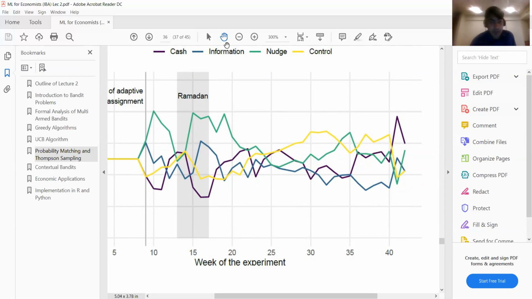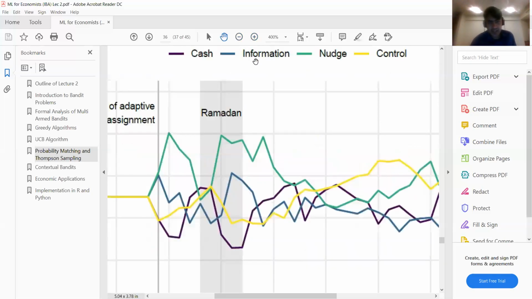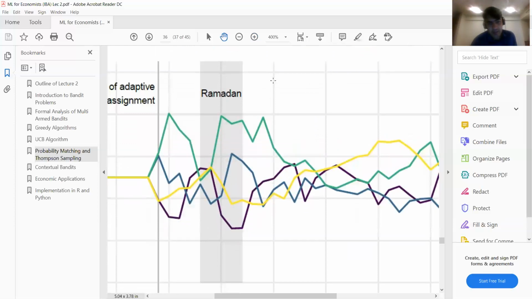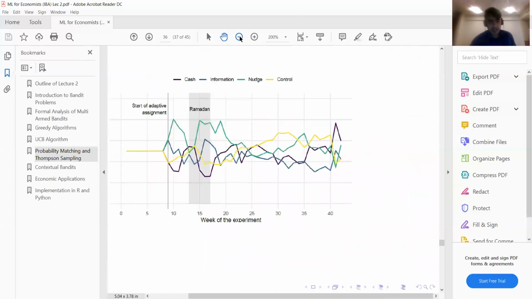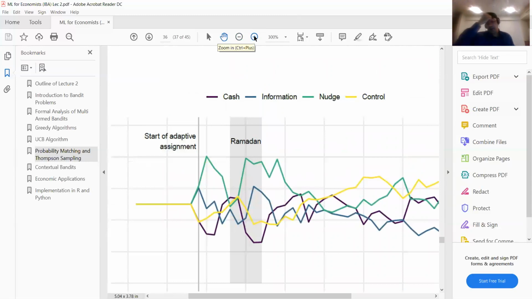And I don't know why this is happening. They don't discuss this in their paper, but they have this shaded as Ramadan, the holy month for these people. I don't know why this happens, and they don't discuss it in their paper, but it's an interesting thing, I thought. They have shaded this in the graph, but I couldn't find an explanation.